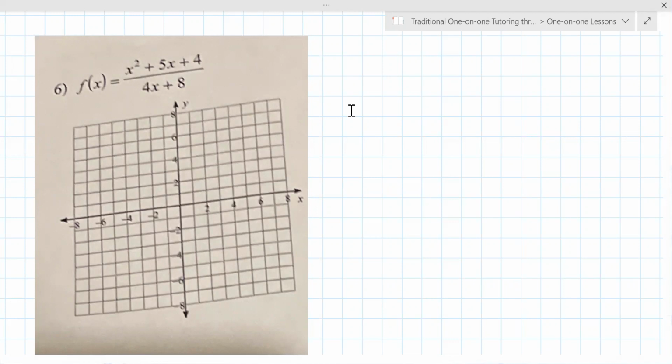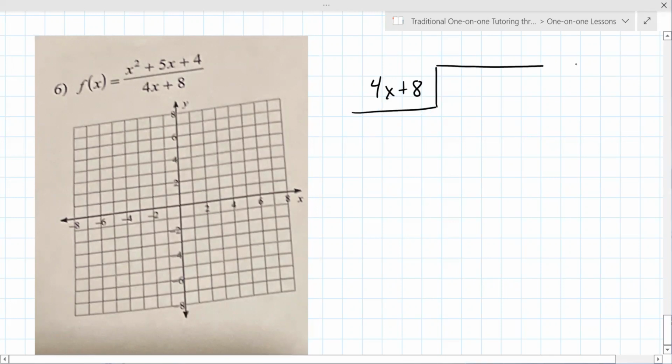All right, so let's do the division first. You've started this already. Can you give this a try here for the first term up here? What do you multiply 4x by to get x squared?